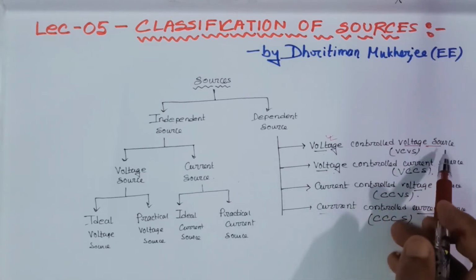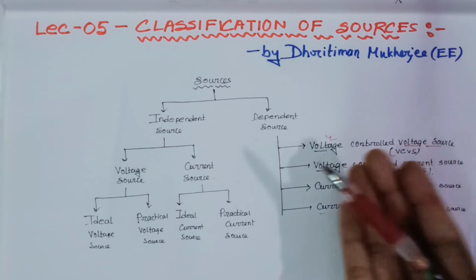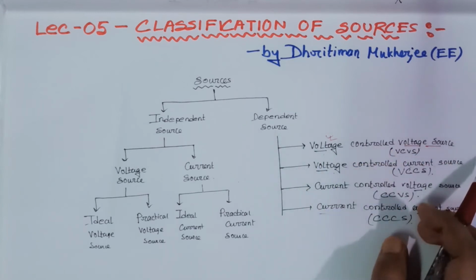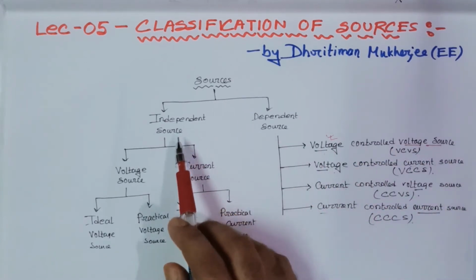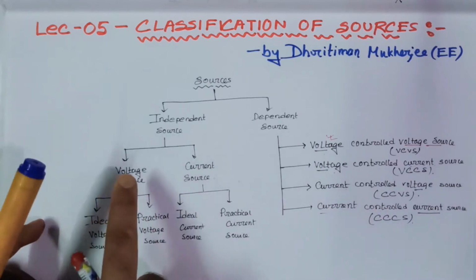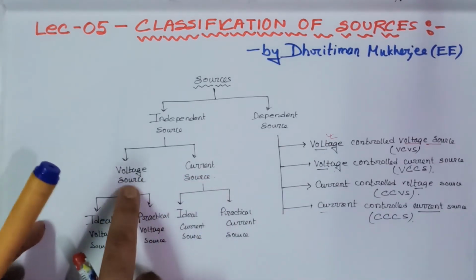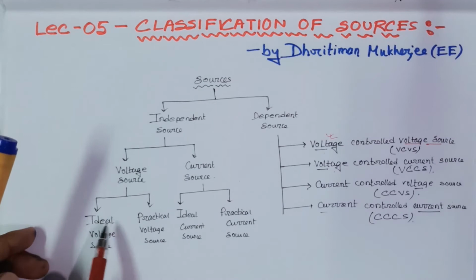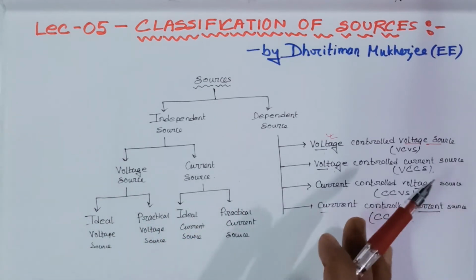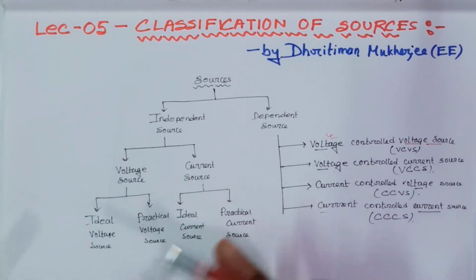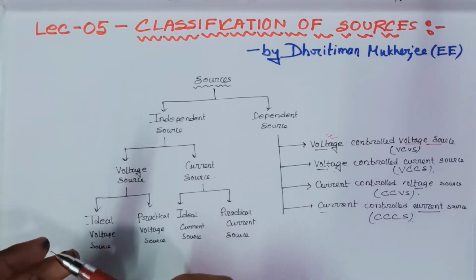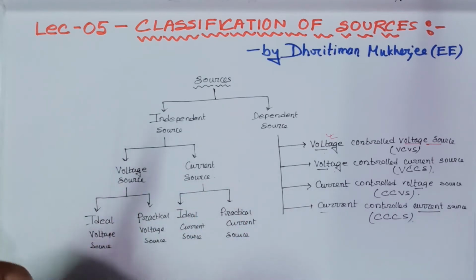Why? Because the values of the sources depend on some other parameters. But why are these independent sources? Because their values, the values of voltage sources, may be ideal or practical, that's another thing, but their values do not depend on any other parameter. That is why they are known as independent sources.